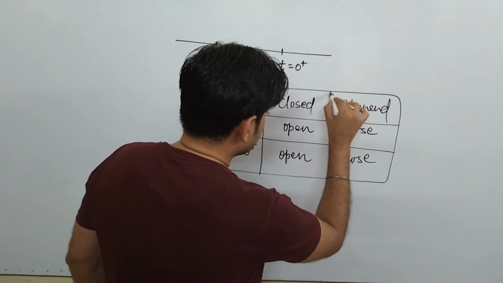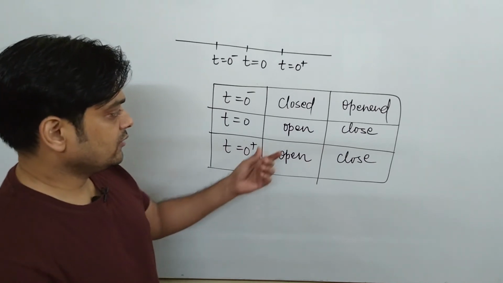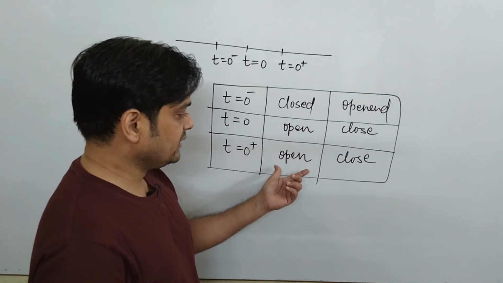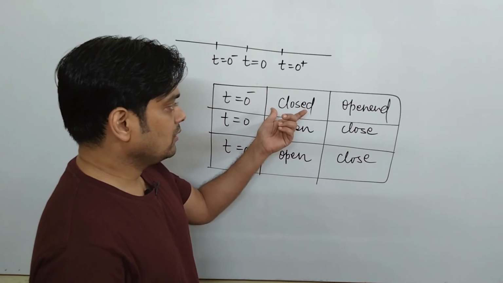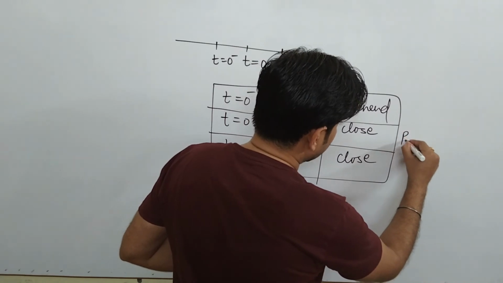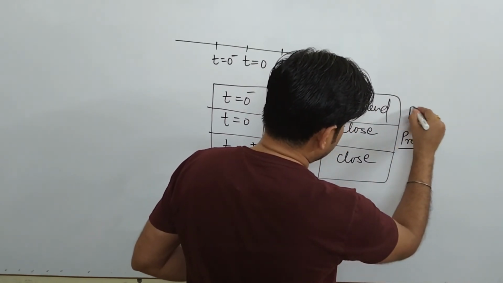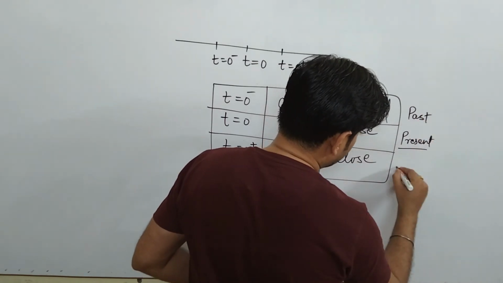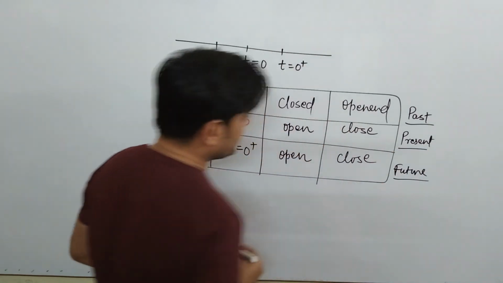So just keep in your mind, if at t equal to 0 a certain switch is open in the circuit, definitely at the 0 plus instant it will remain open. When you talk about the past, t equal to 0 represents the present. In terms of past, present and future, in initial conditions this is the concept.